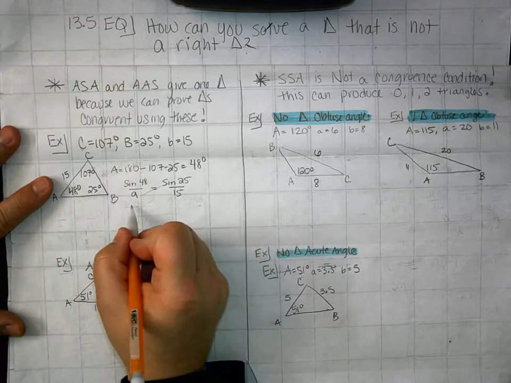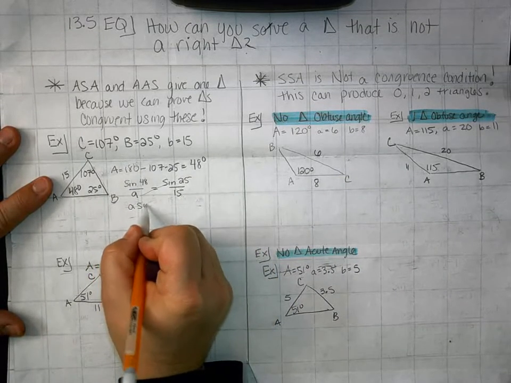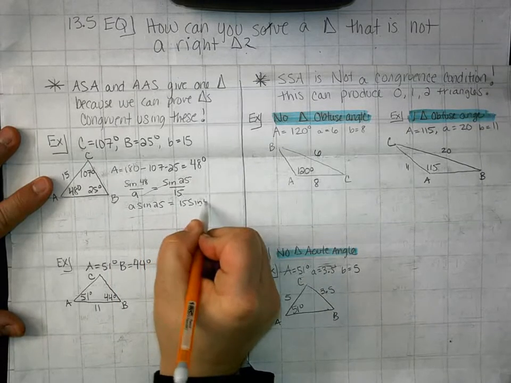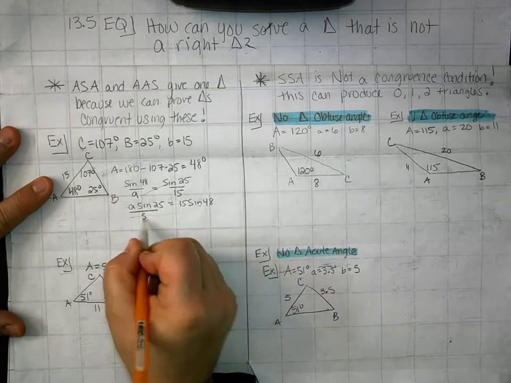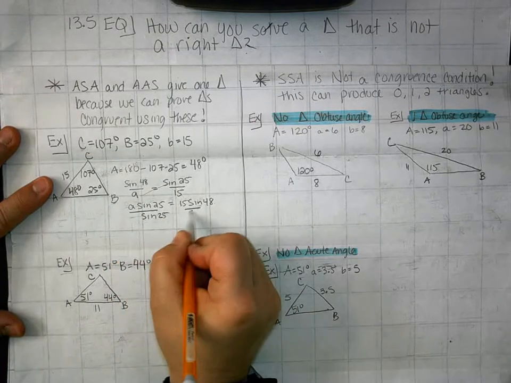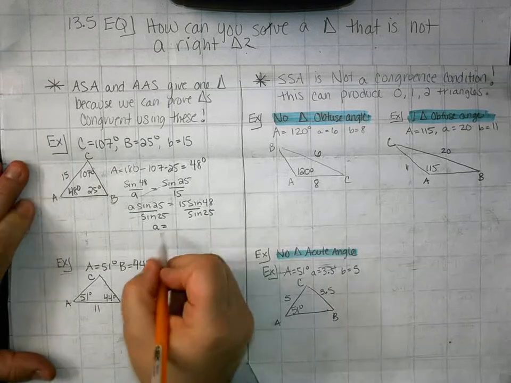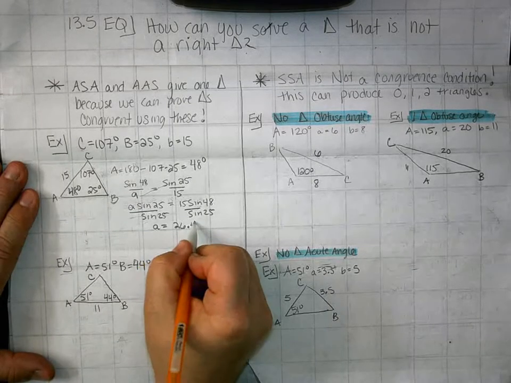When I cross multiply, I get A times the sine of 25 is equal to 15 times the sine of 48. I divide by the sine of 25 to solve, and I get A is equal to 26.4.